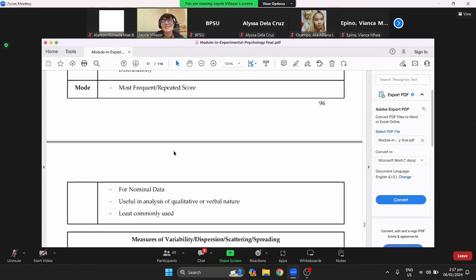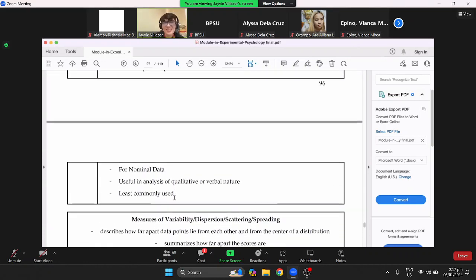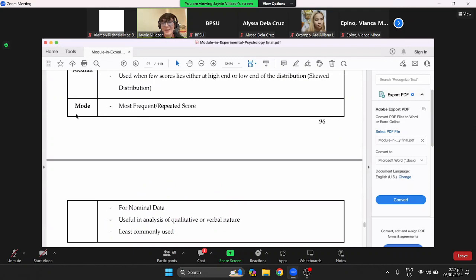The analysis of that kind of research is usually mode, or what is repeated more. From that, you can have your themes, sub-themes, or cluster of themes. So mode is used more in non-parametric tests and when your research is qualitative.